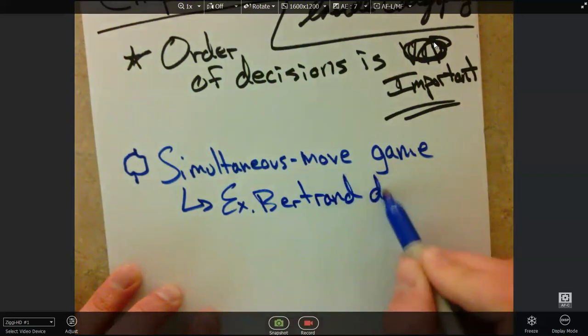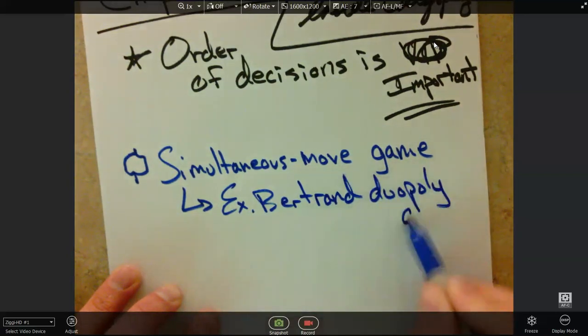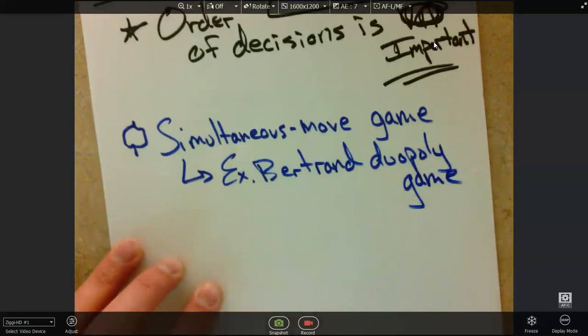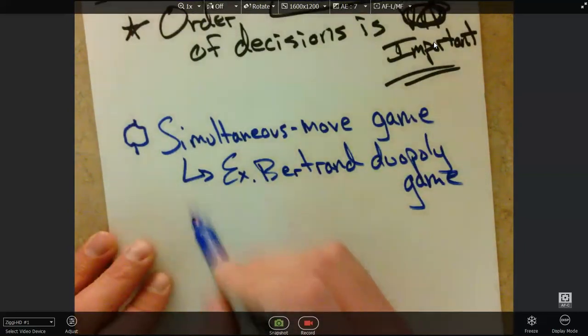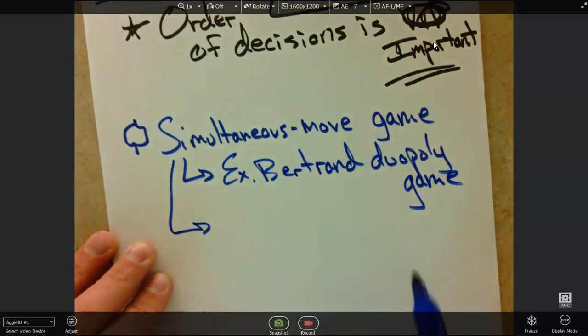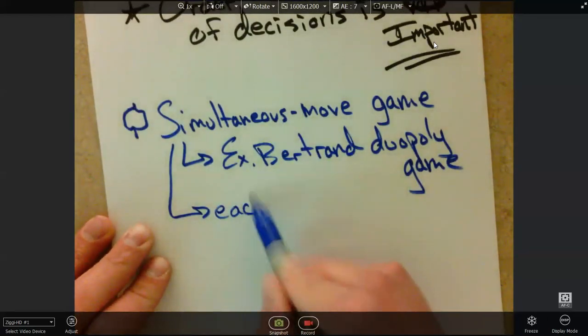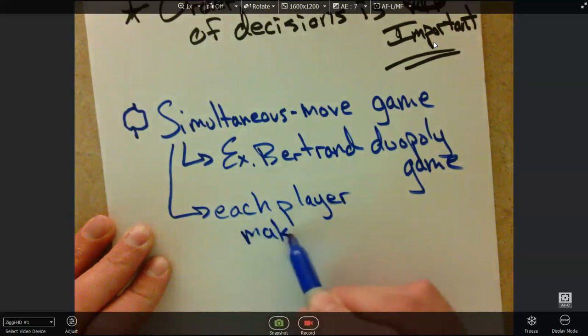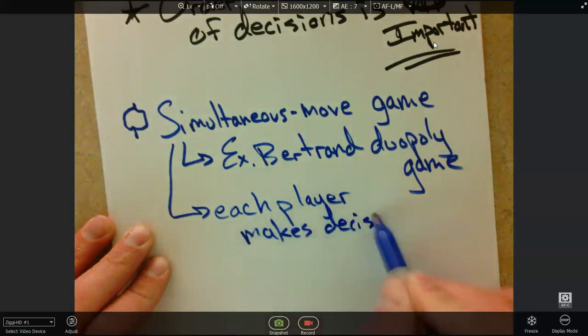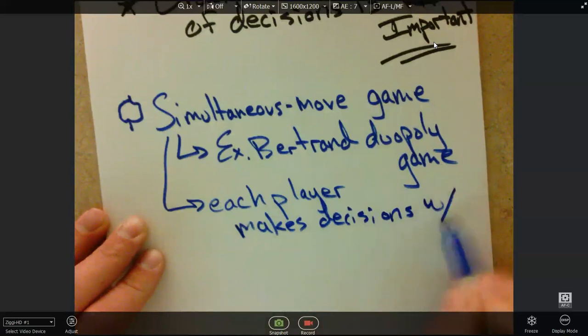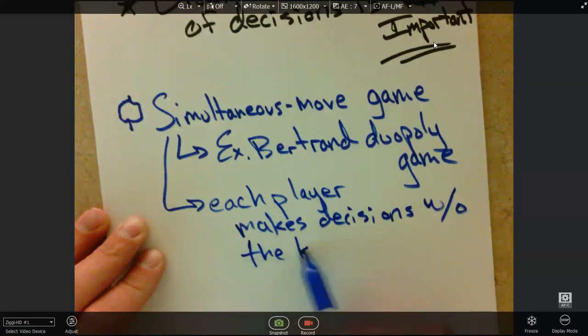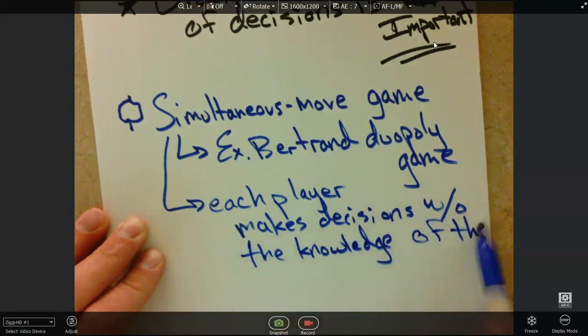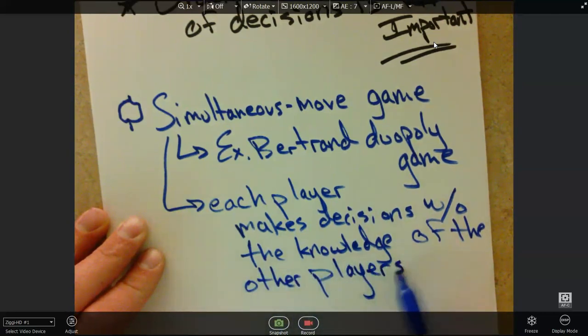And what are the characteristics of this simultaneous move game? Each player makes decisions without the knowledge of the other player's decision.